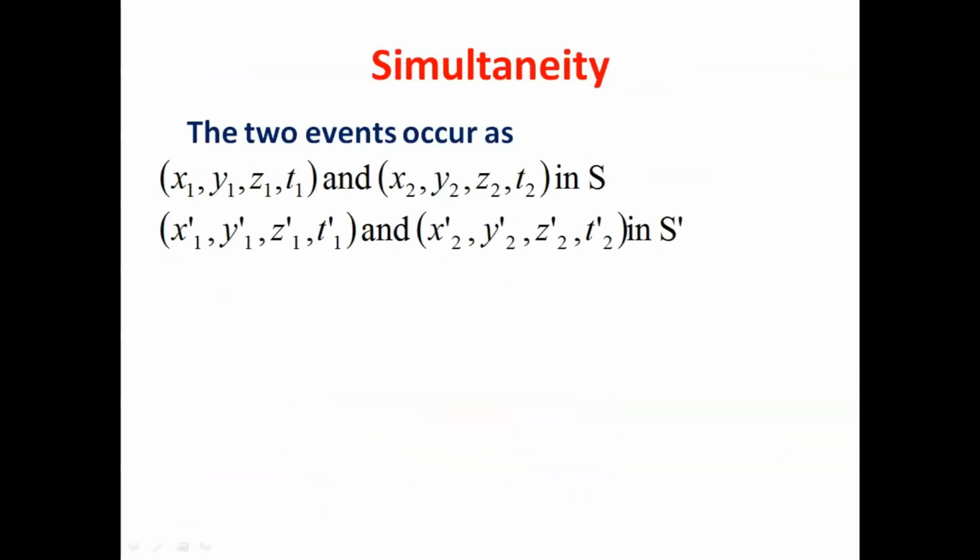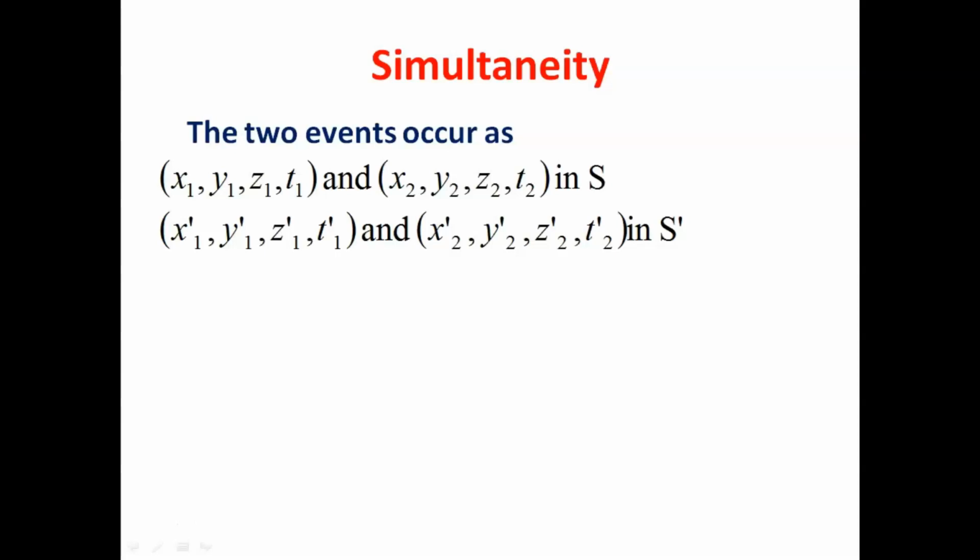Now we are in a position to understand the meaning of simultaneity for observers in different inertial frames. Let us suppose that we have two events for consideration, and these two events can be considered for two observers: one in frame S, Alice, and another in frame S dash, Bob, who is moving with constant speed comparable to speed of light.